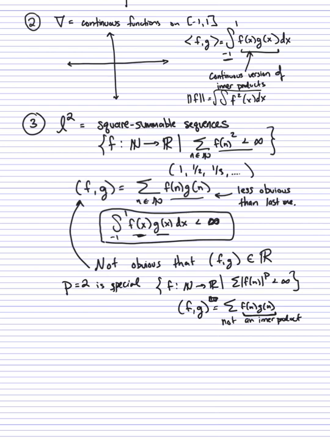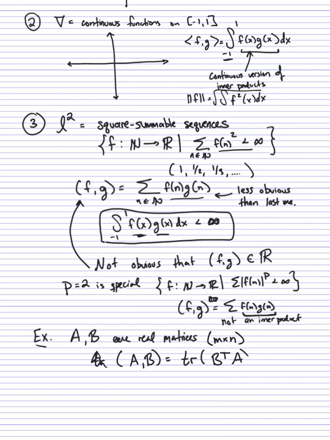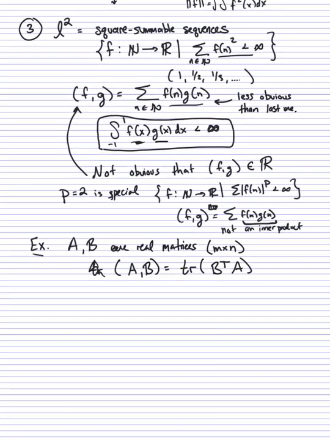Let me give you just one more. If A, B are real matrices that are m by n, then you can define an inner product on them to be the trace of B transpose A. This is now a square matrix by construction.